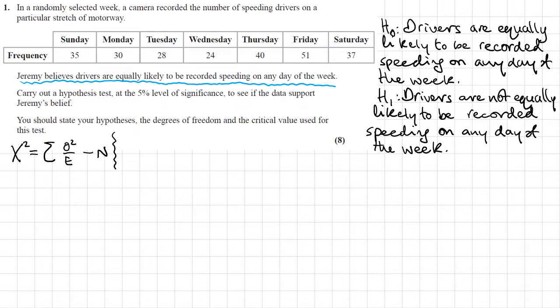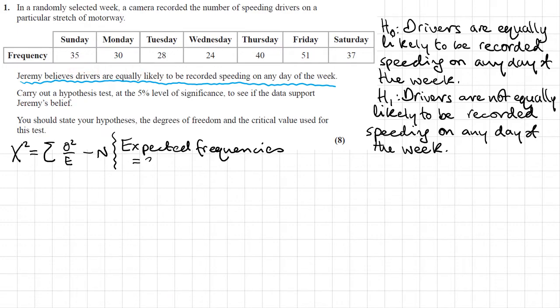Now if we're going to use this formula, or even the other form, we need to work out what the expected frequencies are. As I said before, this is a discrete uniform distribution, so we should expect the same number of drivers recorded speeding on any day of the week. So that's going to be the total number of drivers that were recorded speeding, the total of all of these, divided by the number of days, which is 7.